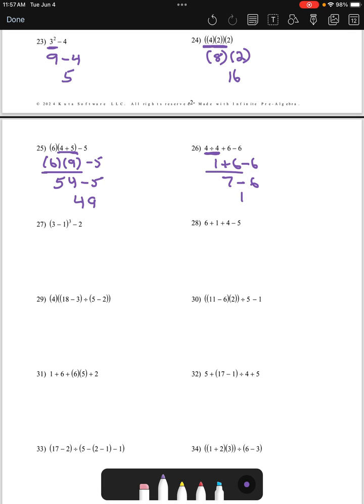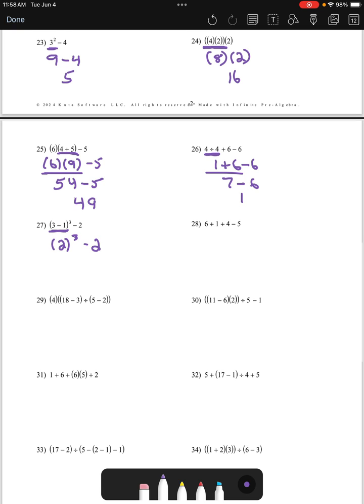In number 27, we do have an expression inside parentheses to do first. It's 3 minus 1. 3 minus 1 is 2 to the third power minus 2. Now these parentheses around the 2, they are technically multiplicative, because 2 to the third power means we're going to do 2 times 2 times 2.